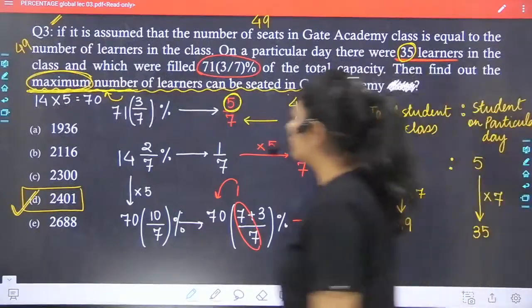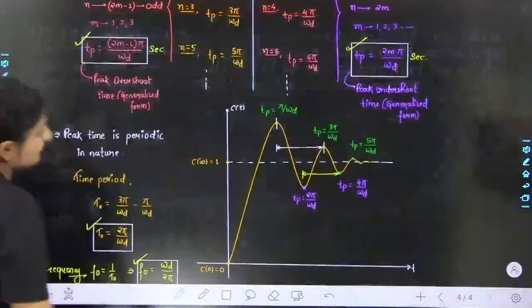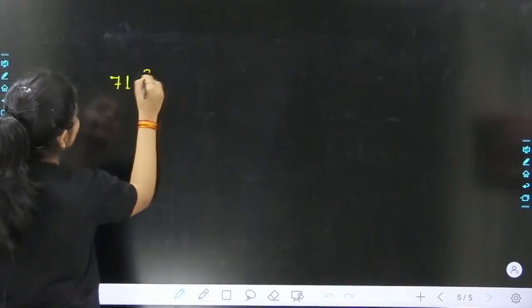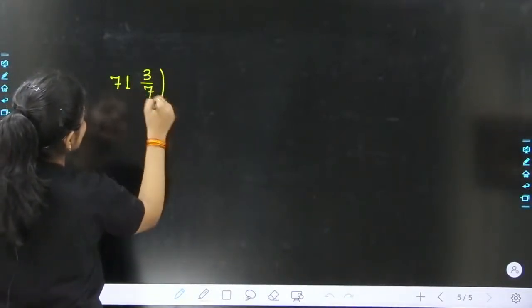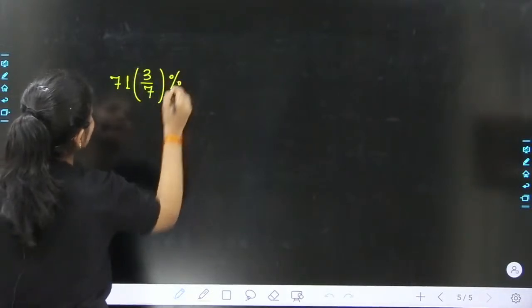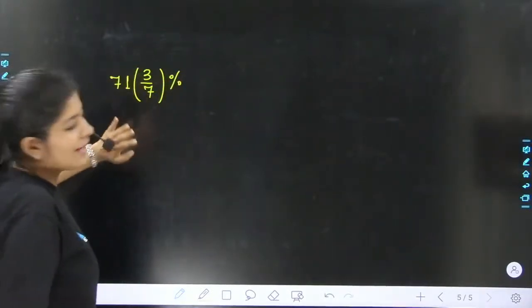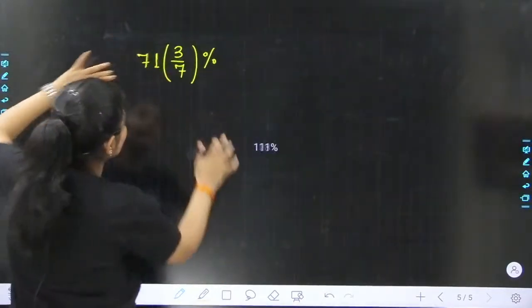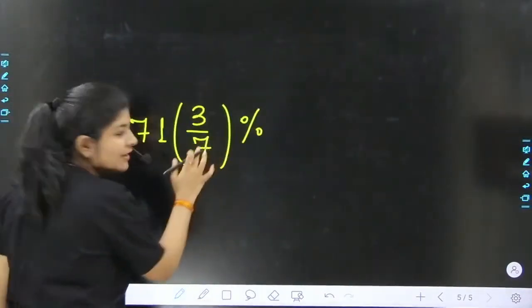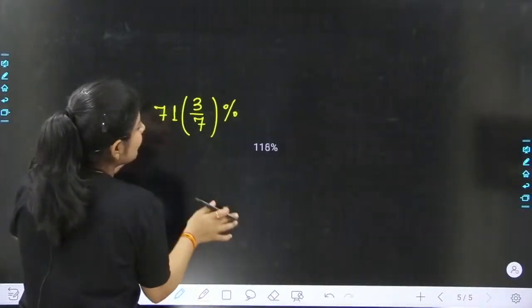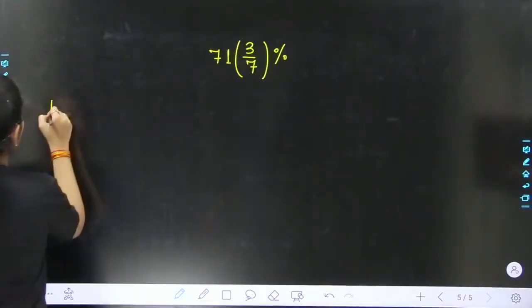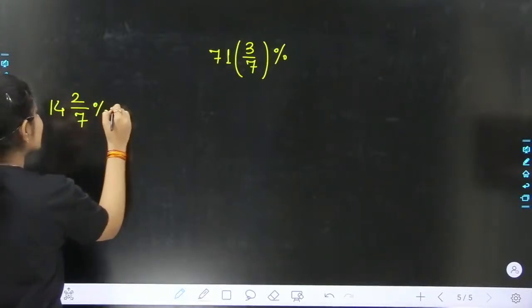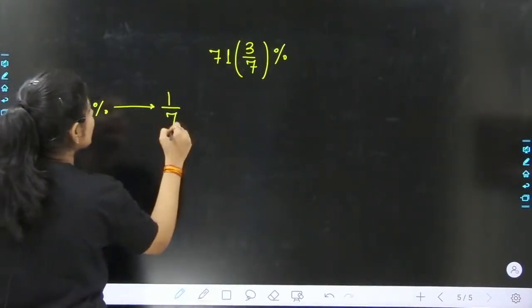Here we have 71 3 by 7%, right? As I see 7 in the denominator, I simply recall my 14 2 by 7%, which is written as 1 by 7 in the fraction.